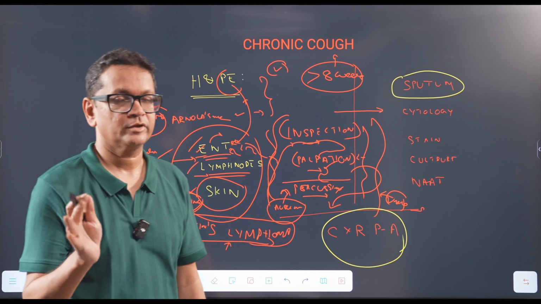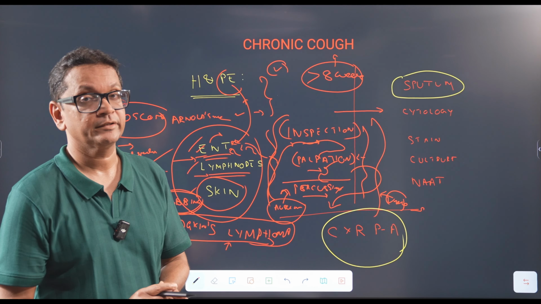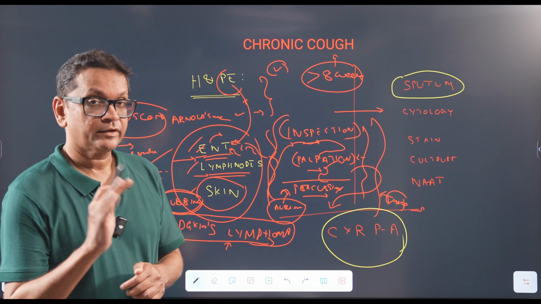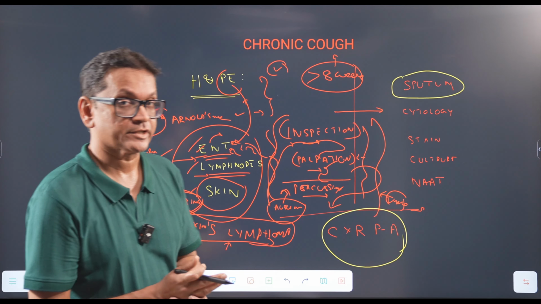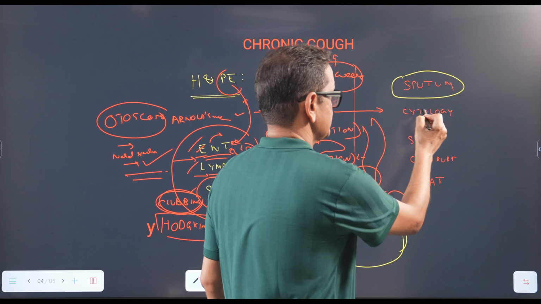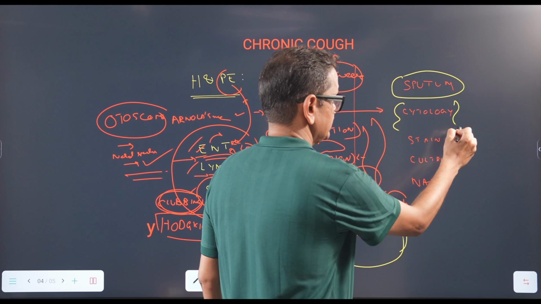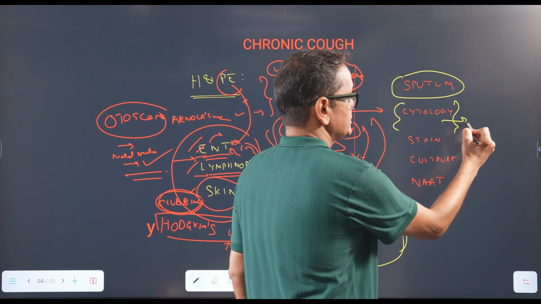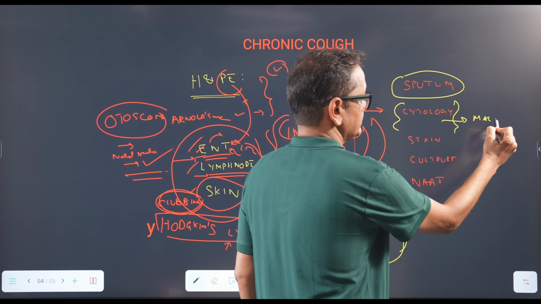Sputum examination is very important. If the patient is expectorating, it is straightforward. And look for any contamination with the oral cavity secretions. That is the pathologist's headache. So assess the cytology, especially for malignant cells or atypical cells.